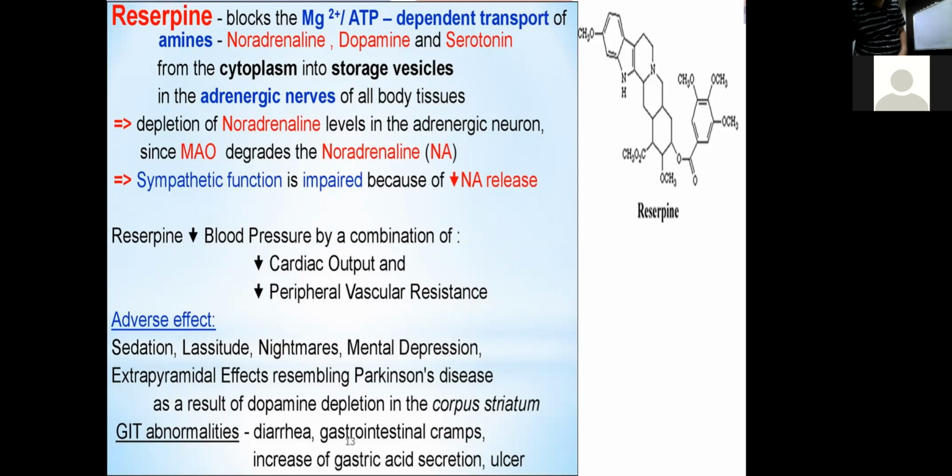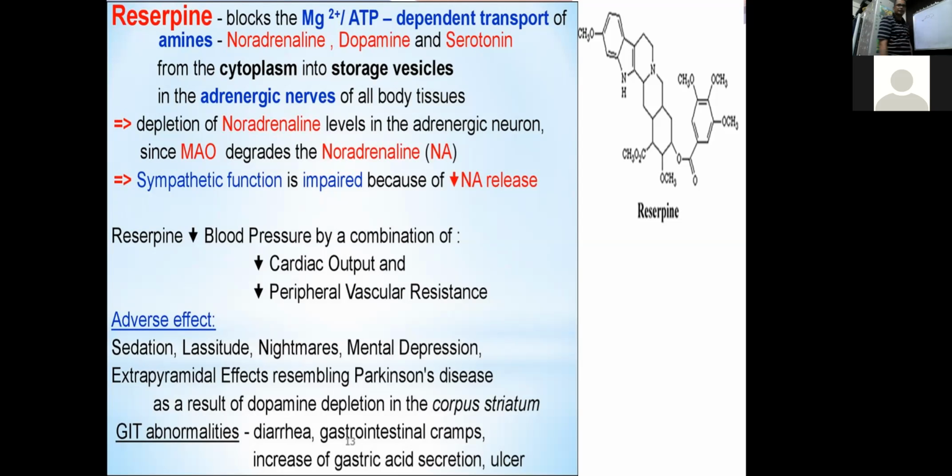First draw the indole. Now this indole has a methoxy group at the center position. This is the first thing that you have to see.